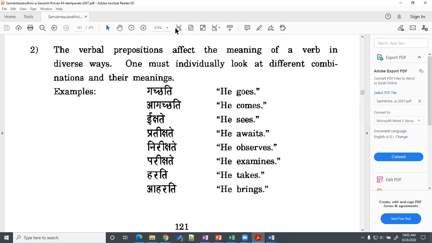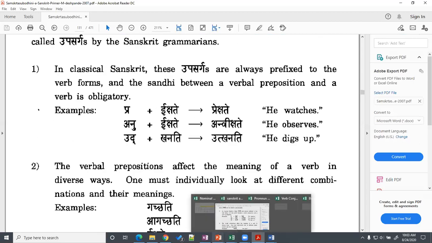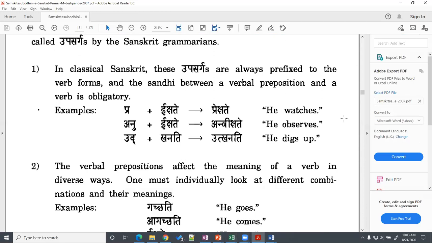So the question here is, Mukund Baba, I'm not sure where you see your question, because I see page 121 and I don't see your question. Relation noun Swasru, how do you get Bhagni? So can you please clarify? Okay.